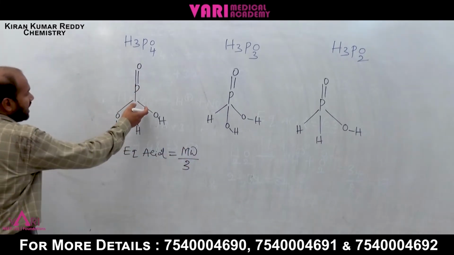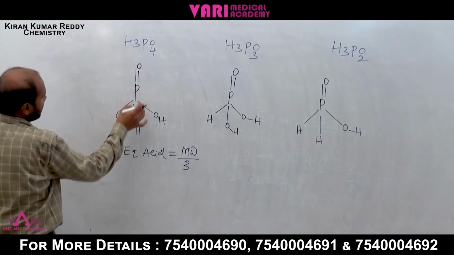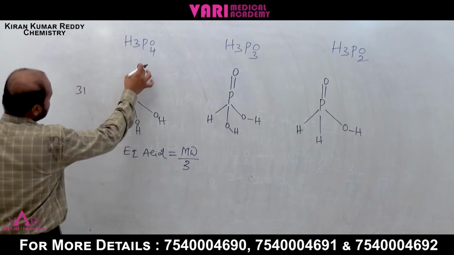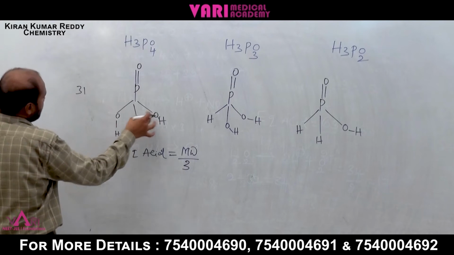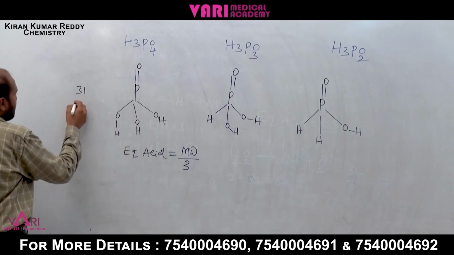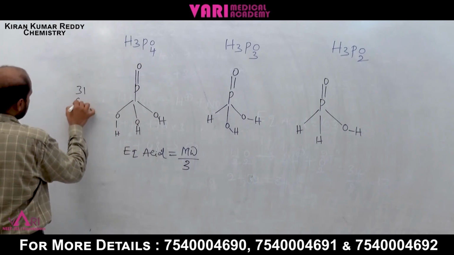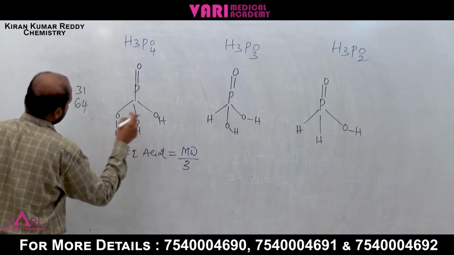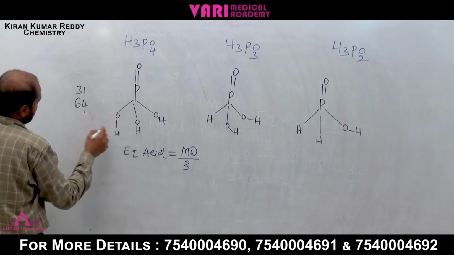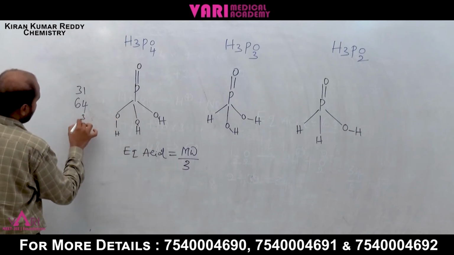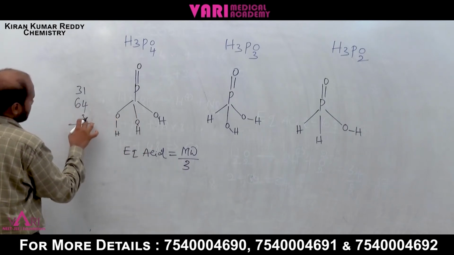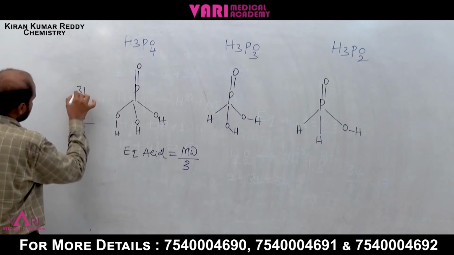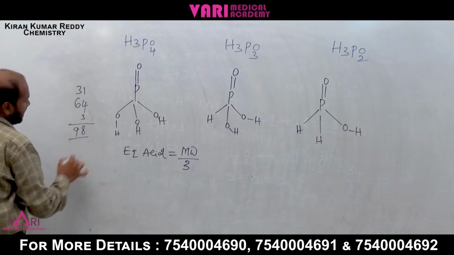Now what is the molecular weight? Phosphorus is 31. Oxygen, how many oxygens? 1, 2, 3, 4, so 64. Next, hydrogens: 1, 2, 3, so 3. Now 4 plus 3 is 7, plus 1 is 8, 6, 3, 9. 98.